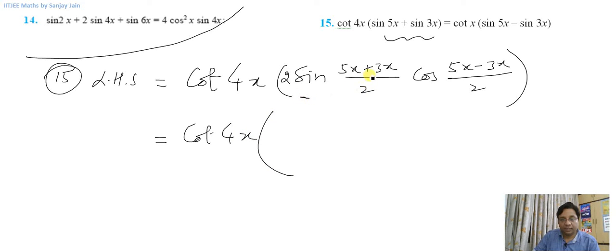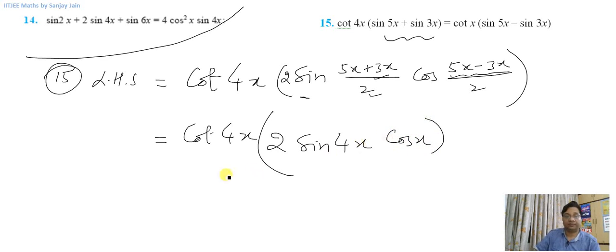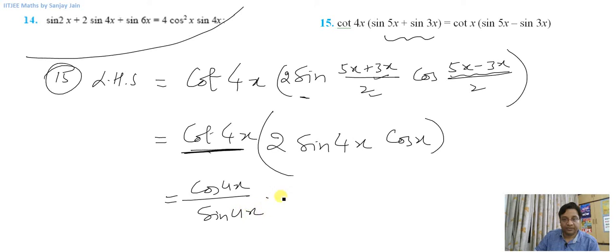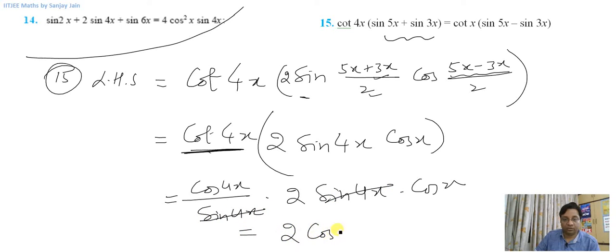This is 8x by 2, 4x, right? 2 sine 4x, and this will be (5x minus 3x), 2x by 2 is x, so cos x will be here, right? And what is this? If you see, this is cos 4x by sine 4x, and into 2 sine 4x into cos x. So sine 4x will be cancelled, and I can write this as 2 cos x cos 4x.